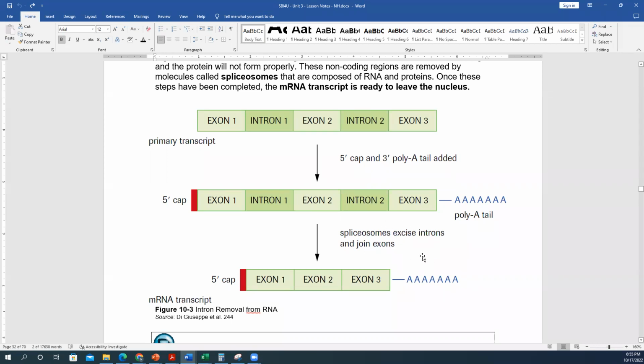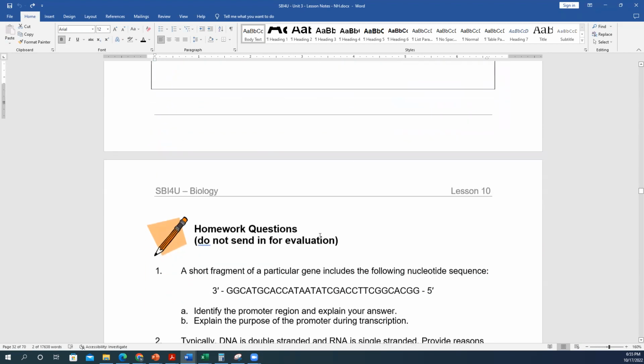So finally, once these steps have been done, this mRNA transcript with its 5' cap, its poly-A tail, and in the case of eukaryotes, these introns excised out, is ready to leave the nucleus and enter the cytoplasm.